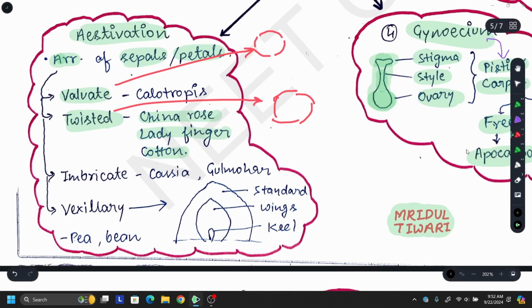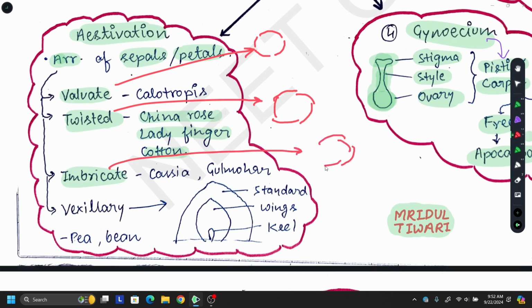Next is imbricate. What is imbricate? In imbricate estivation, the overlapping is not in any particular order. Some petals are inside, some are outside, some are partially inside, some are completely inside. There is overlapping, but it is not in any particular order.